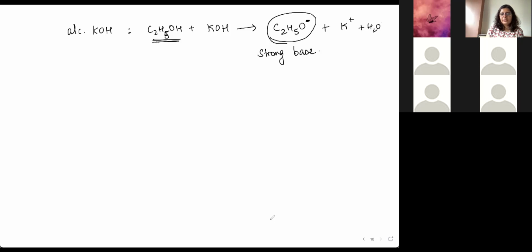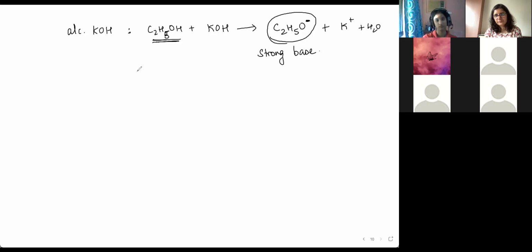Okay. So last year when we did equilibrium, we learned the concepts of acids and bases. Every acid has a conjugate base, every base has a conjugate acid. Do you guys remember all these concepts? Yes, ma'am. Do you remember the relation between acid and its conjugate base? If it's a strong acid, then it will be a weak conjugate base.